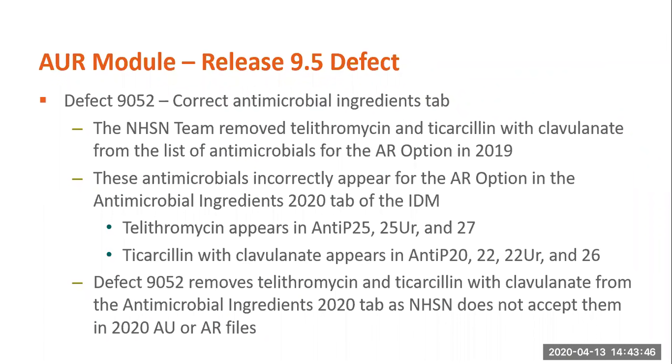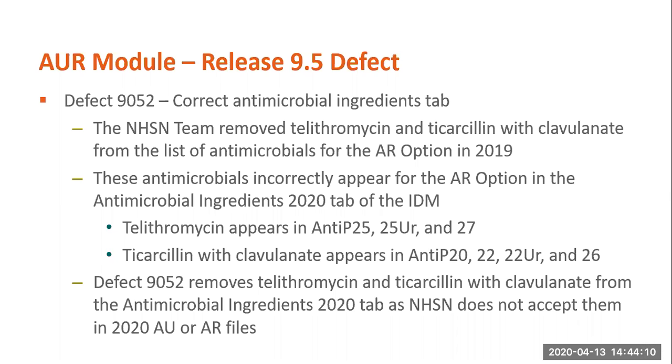Defect 9052 fixes an issue with the Antimicrobial Ingredients 2020 tab of the IDM. The NHSN team removed telithromycin and ticarcillin with clavulanate from the list of AR option antimicrobials in 2019. These antimicrobials incorrectly appear in the Antimicrobial Ingredients 2020 tab of the IDM for the AR option.